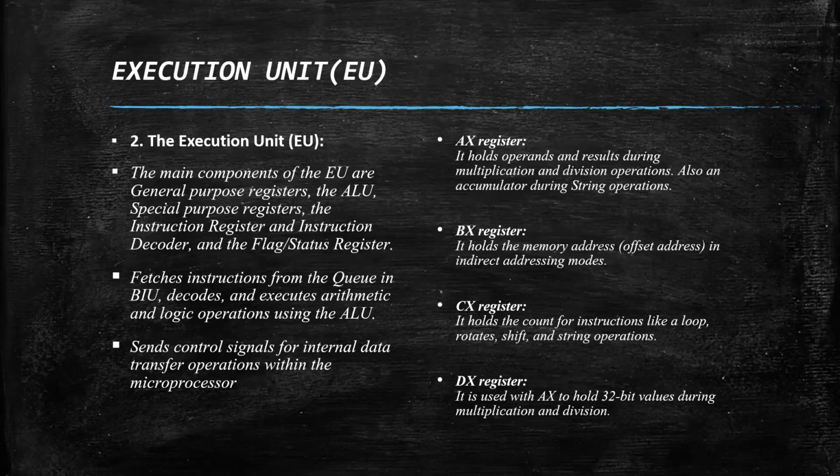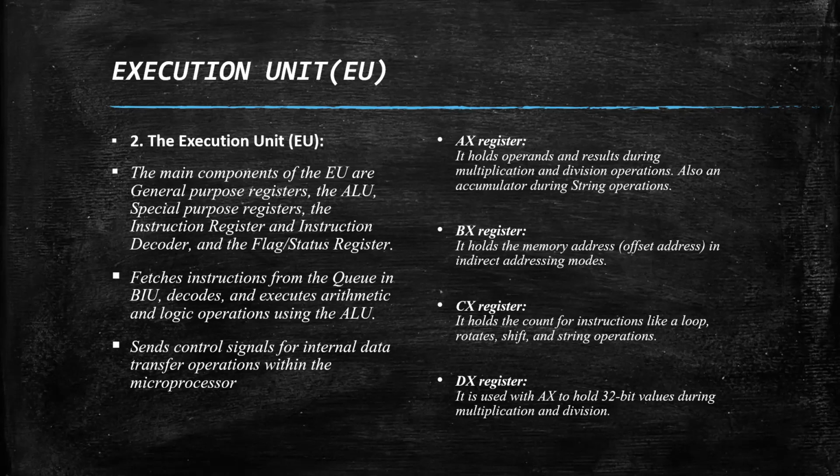The next slide is about the execution unit, EU. In the EU, we have the general purpose registers, the ALU (arithmetic logic unit), special purpose registers, the instruction register, the instruction decoder, and flag status registers. The general purpose and special purpose registers all come under the EU.